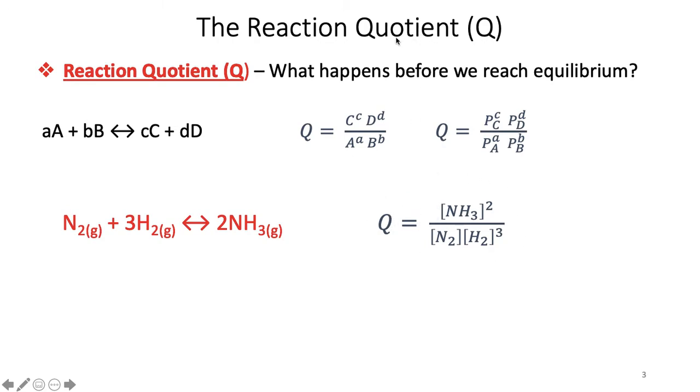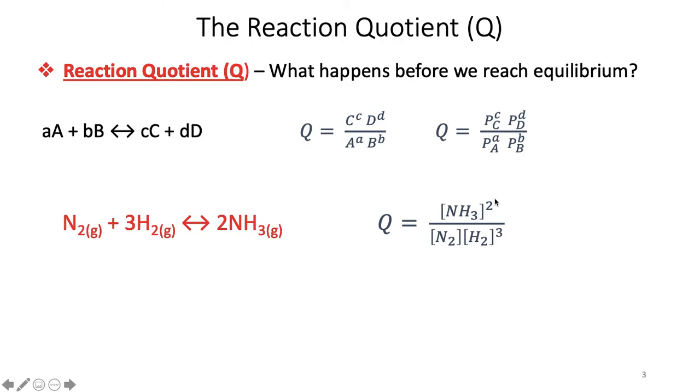It's a quotient, a fraction, a division of my concentrations. So the product of the concentrations of my products raised to their respective powers is divided by the product of the concentrations of my reactants raised to their respective powers.